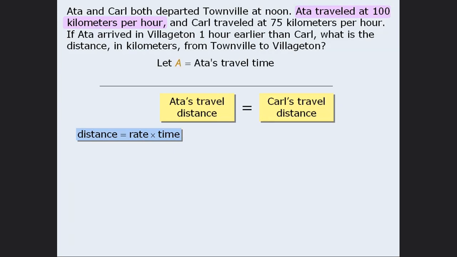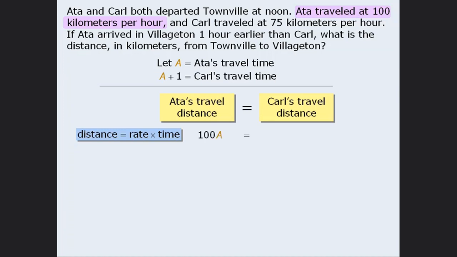So let's let A equal Ada's travel time. Now, since Ada arrived in Villageton 1 hour before Carl did, we know that Carl's time is 1 hour more than Ada's travel time. This means Carl's travel time must be A plus 1. We now have enough information to rewrite each person's travel distance using algebraic expressions.